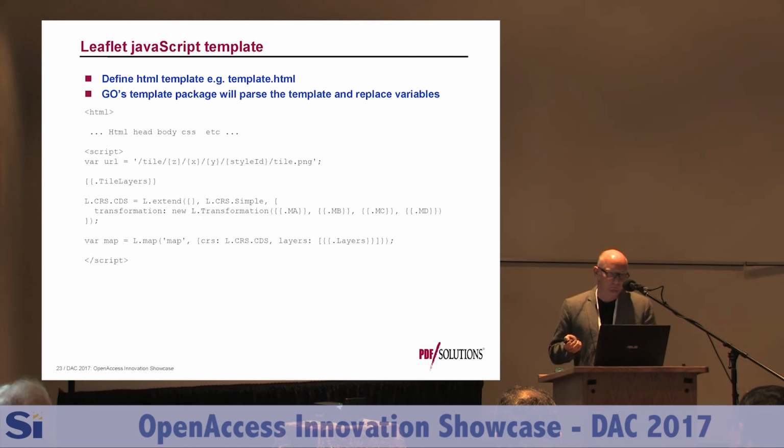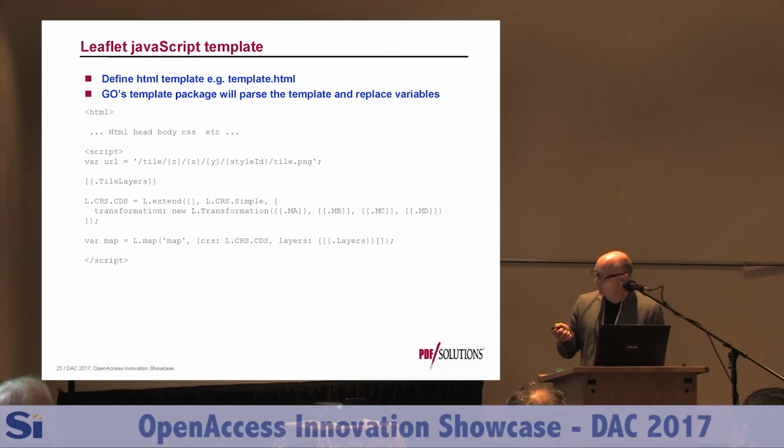Now the JavaScript. There is something nice in Go. Go has a so-called template package, meaning you can more or less replace variables within a template with actual values. And we use this simply for defining the code you need to set up your map or this Leaflet application.